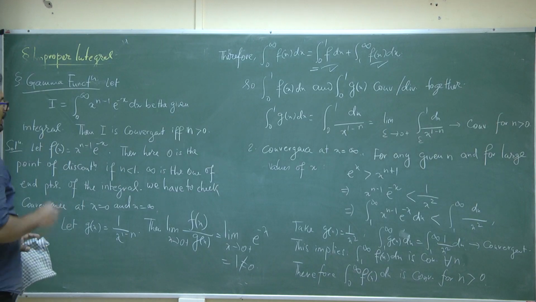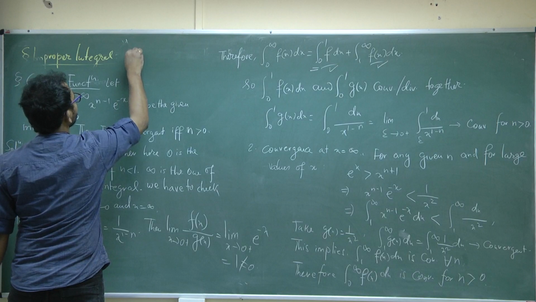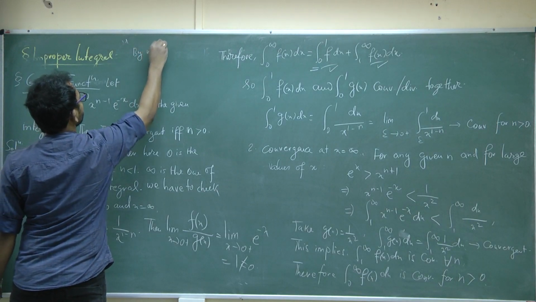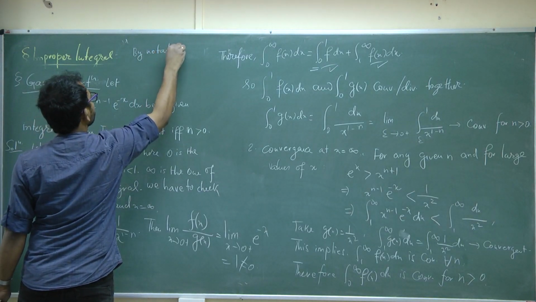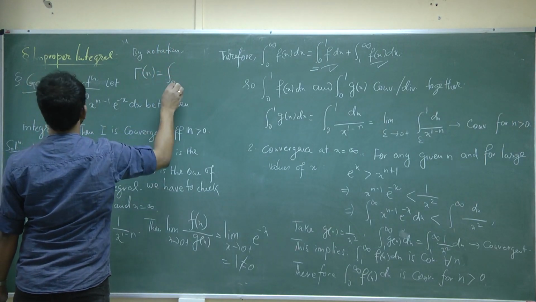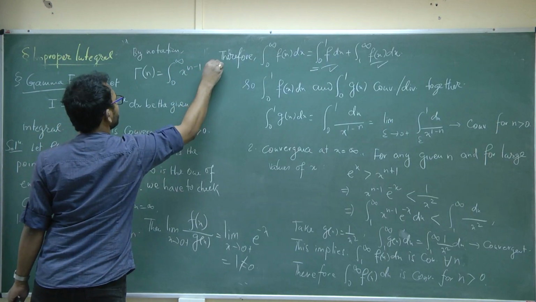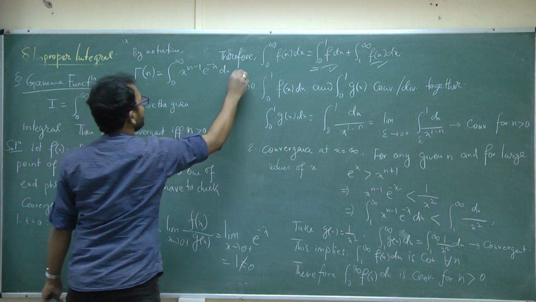And just for the notation, we write gamma n equals the integral from 0 to infinity x to the power n minus 1 e to the power minus x dx for n positive.